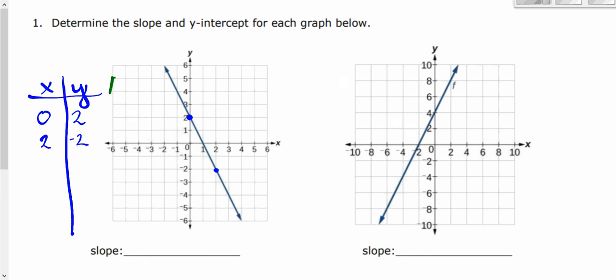So if I'm finding my slope, I'm going to find my change in my y, which is negative 4. And then I'm going to find the change in my x, which is 2.